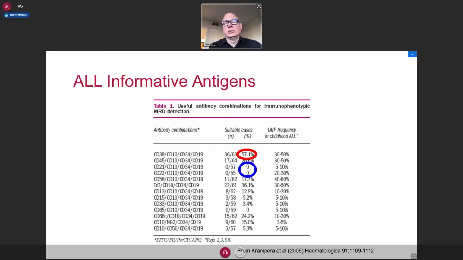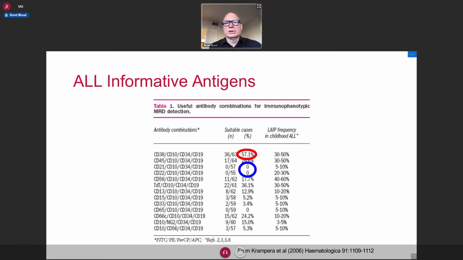However, the other thing that we need to include in such panels of reagents are reagents which are commonly aberrantly expressed, or proteins that are commonly aberrantly expressed in a given type of leukemia. So it's not enough just to know what normal looks like. We need to have some idea as to what could potentially be abnormal as well. So one can then survey a variety of different antigens that are of interest, as this group has, and they're indicated on the left, and catalog how frequently a given antigen is abnormal, in this case, in B lymphoblastic leukemia.